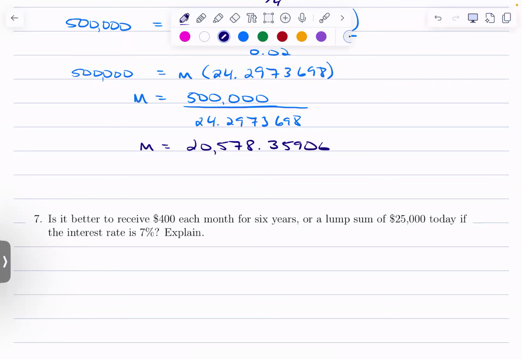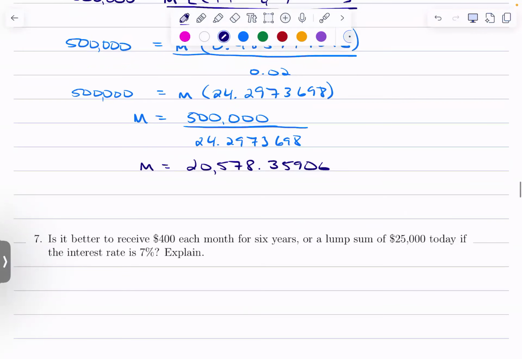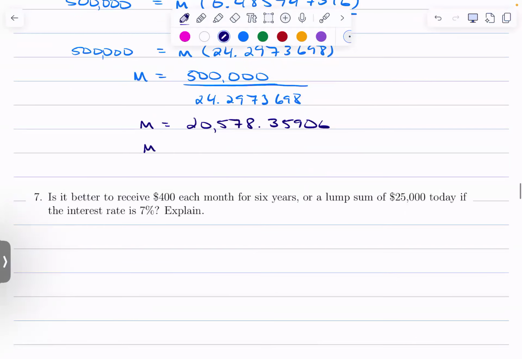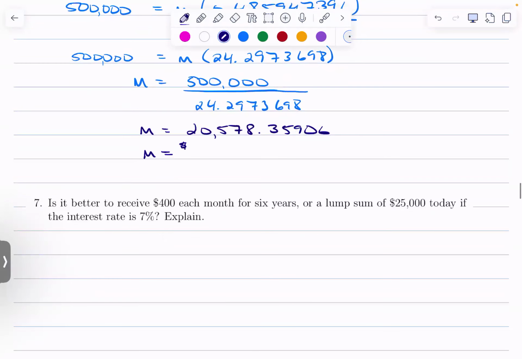So does that match? I got exactly $10,000 difference because I did it wrong. Sometimes I catch a face and I'm like, I did it wrong. I can tell, but okay.